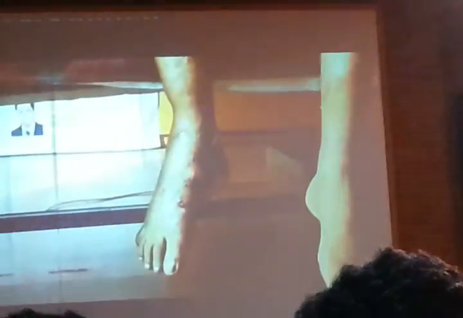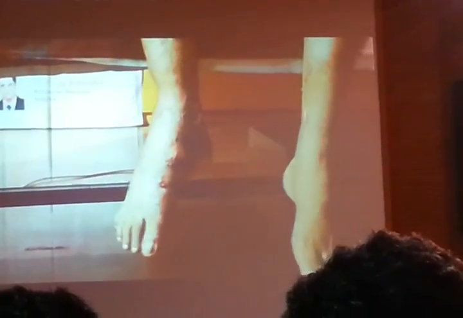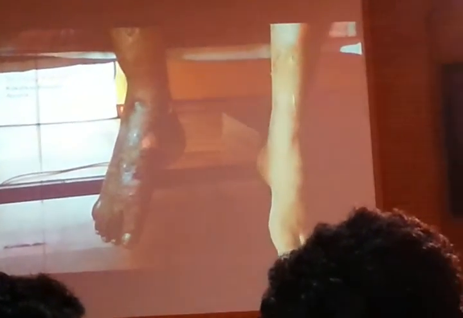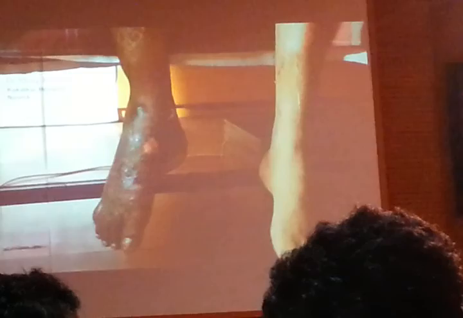Did you check the sensations in the sole and the dorsum of the foot? Yes, sir. Is it normal? Sensations are decreased around the thumb. On the dorsal surface. So which dermatome is it? This one on the sole is L4.